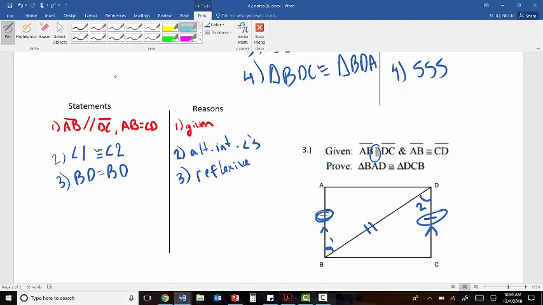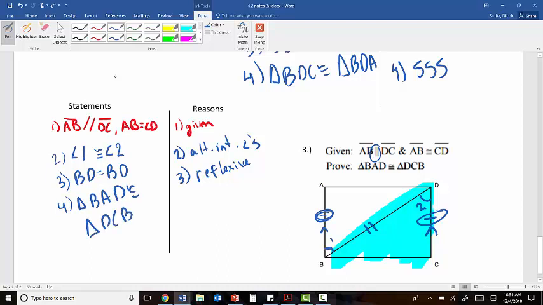And now if you look at just one triangle, so we'll look at this triangle right here, hopefully you can see that we have side, angle, side going on. So if you have that, you can go ahead and finish your proof. So the triangles are congruent because of the side, angle, side theorem.